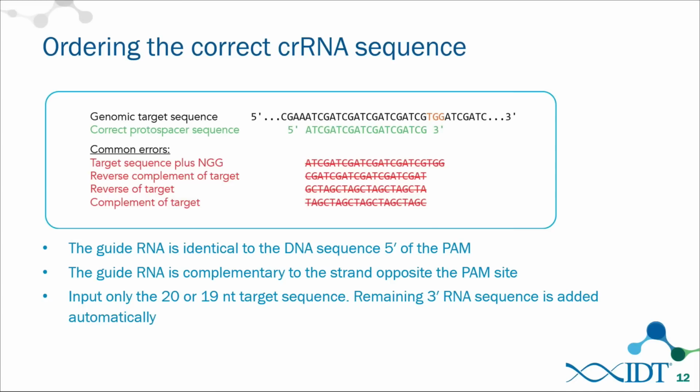It is not the reverse complement of the target. It's not the reverse of the target, nor is it the complement of the target. The guide RNA then ends up being complementary to the strand of DNA that is opposite the PAM site. So what we allow for is the input in the ordering page of the 20 or even 19 nucleotides that are directly adjacent to the PAM sequence.